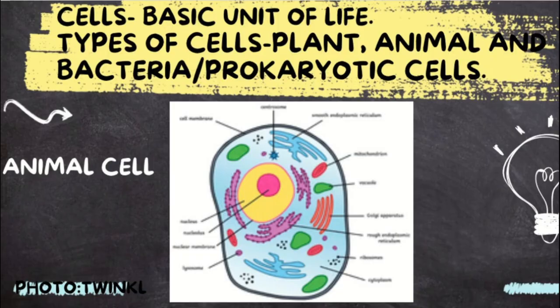Then we have our smooth endoplasmic reticulum, which is involved with steroid and lipid production. Our vacuole, we know that it stores water, nutrients, and also acts as an excretory cell organelle, so it gets rid of stuff out of the cell.